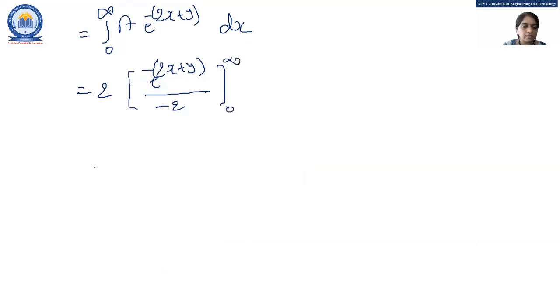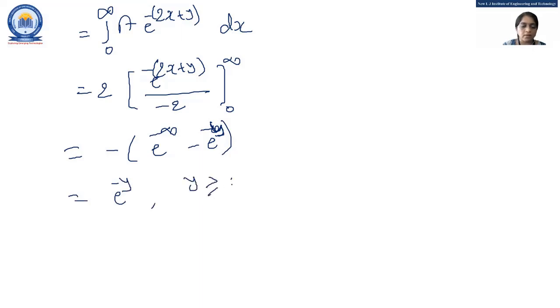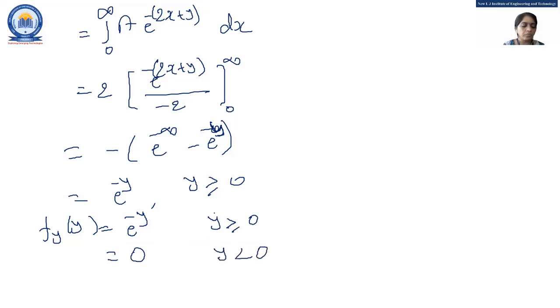So this 2 will cancel, only the minus sign is there. So here e raised to minus infinity minus e to the power minus 0. So my final answer is e to the power minus y here, right? So minus minus plus, so e to the power minus y, where y is greater than or equal to 0. So f of y for all y is equal to e to the power minus y, where y is greater than or equal to 0 and equal to 0 if y is less than 0. So this is the answer of the second question.